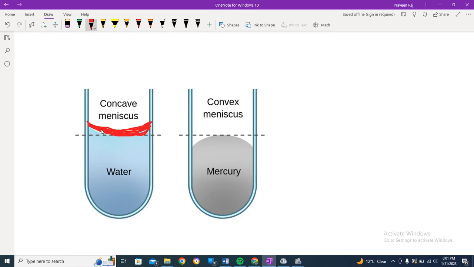This curving is called a meniscus, and because it is inward curving, it is known as a concave meniscus. Here we have the water, and this thing happens, and the same we do with mercury. What will happen is they will form a convex meniscus. If there is a clear change, you can see that this would form like this.